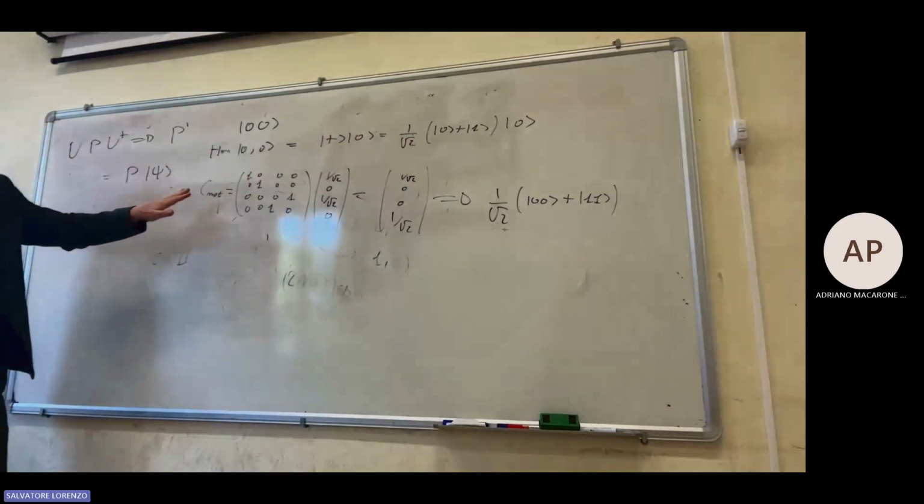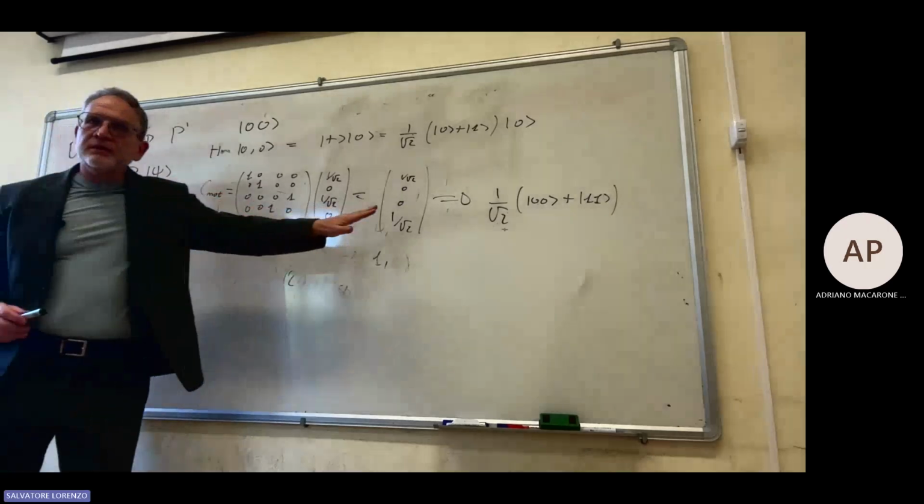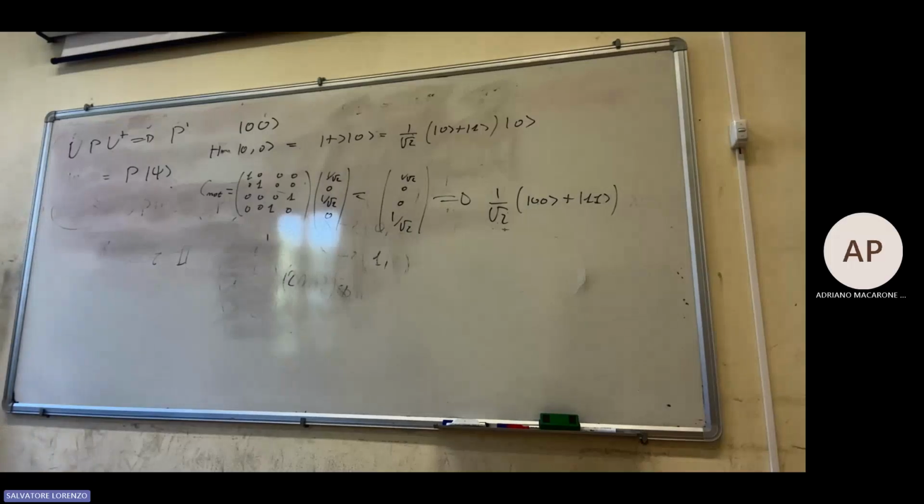And then we apply a CNOT, and applying a CNOT gate, we create entanglement. So even if a state has entanglement, if the other hypotheses are satisfied you can simulate it in a very efficient way on a classical computer.